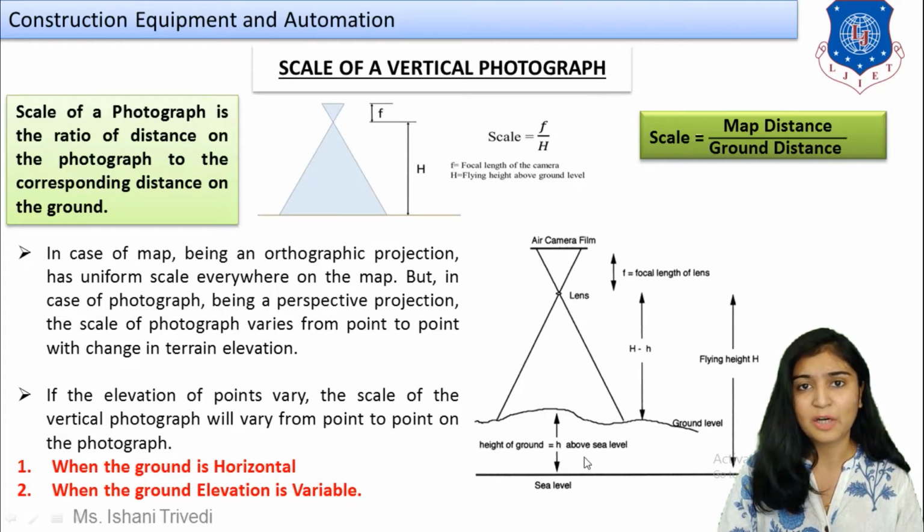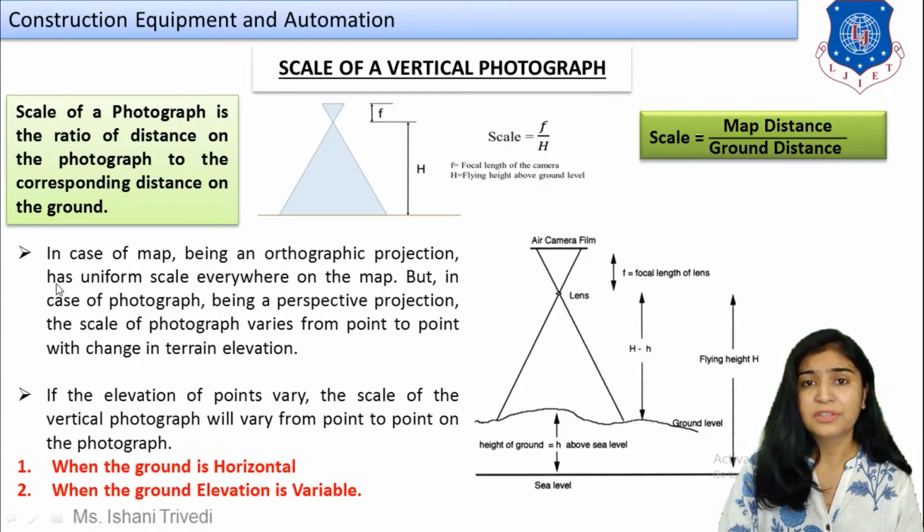That will be capital H minus small h, which will give you the ground distance over here, because we are to consider only the height from the lens up to the ground. So in case of the elevated ground, you have to subtract from the total flying height the height of the ground above sea level, right? This gives you f upon H minus small h equal to the scale.